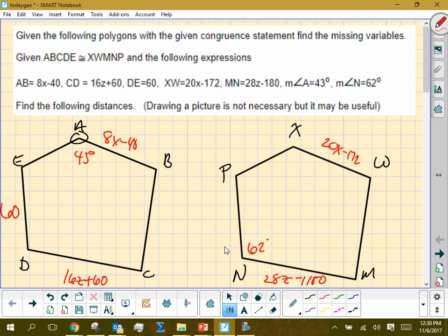So now my hope is you see that if I were to lay these two things on top of one another, AB and XW match up. Does DC and NM match up? All right, and those then develop your equations, right? What I fear, because this will happen, is that people will say, okay, I knew that I had to set AB and XW equal to each other because they both had X's in them.